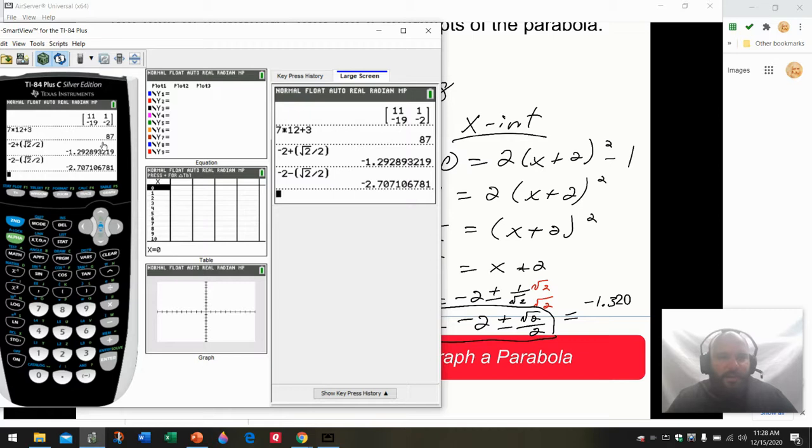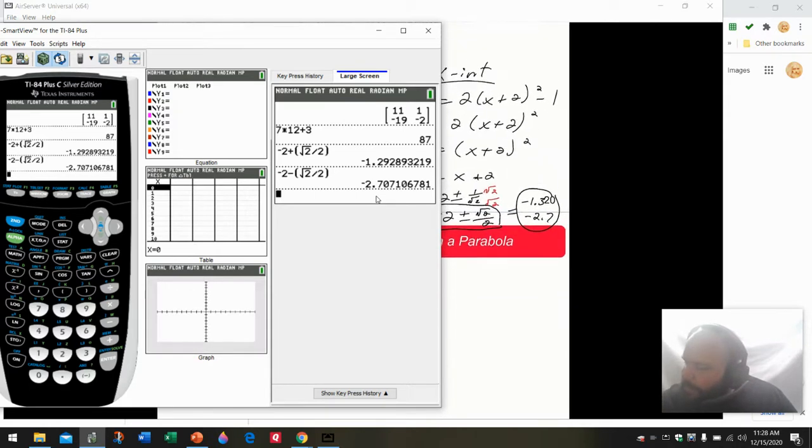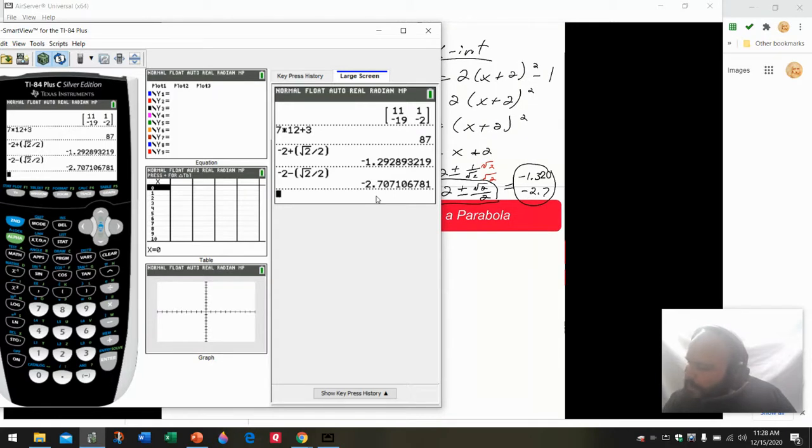And it's also equal, now we're going to change that plus to a minus because there are two answers. So there again, -2 minus, and then parentheses, the square root of 2 divided by 2. We get -2.7. So these two values, this -1.3 and -2.7, are where the parabola is going to cross the x-axis.